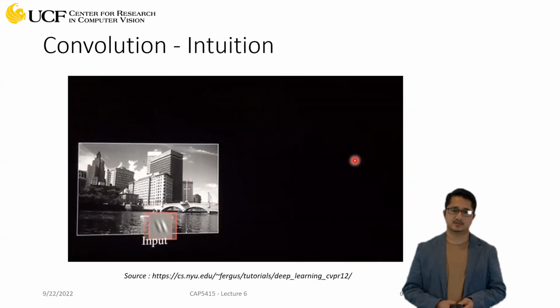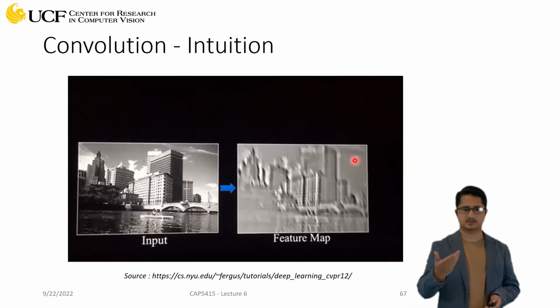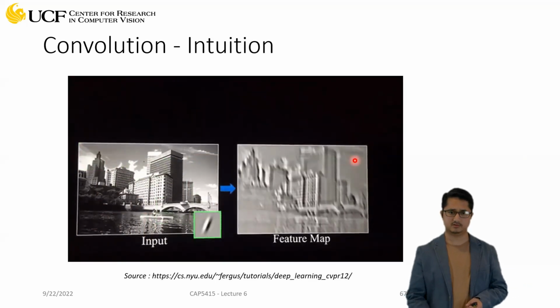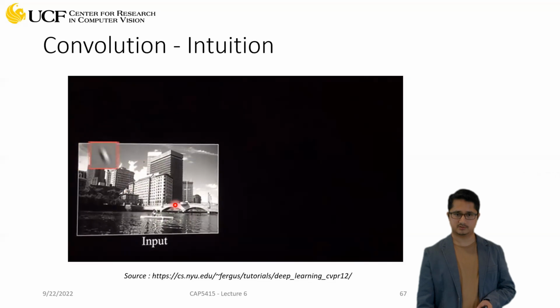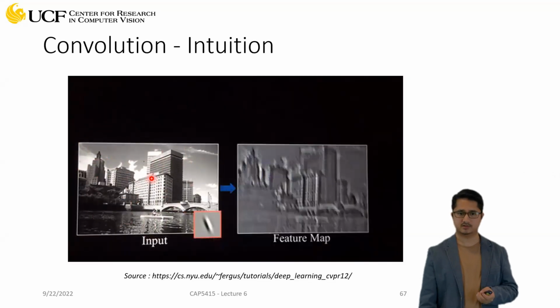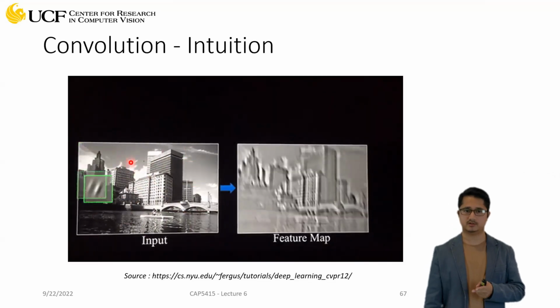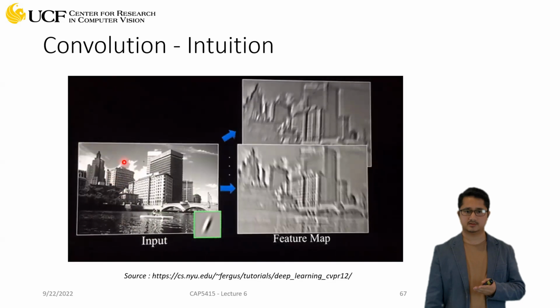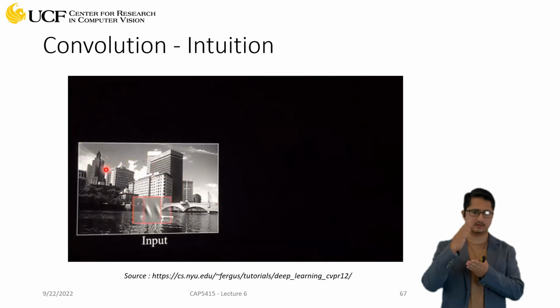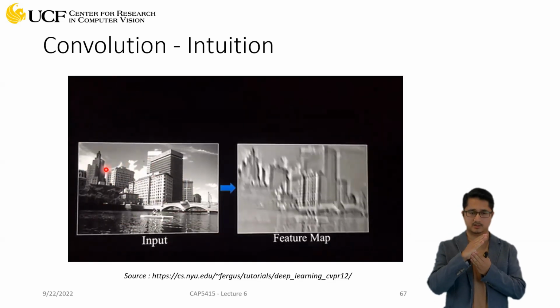So let's try to see that using this simple example. And again, this is something we have seen in edge detection. You will have your input image and you will have a different set of kernels. In this case, I'm showing you 2 different kernels. The first kernel is the red one, which is an edge slanting towards the left.